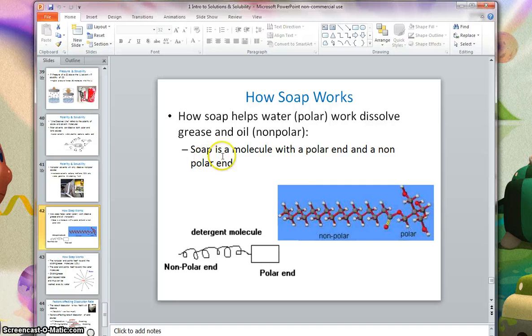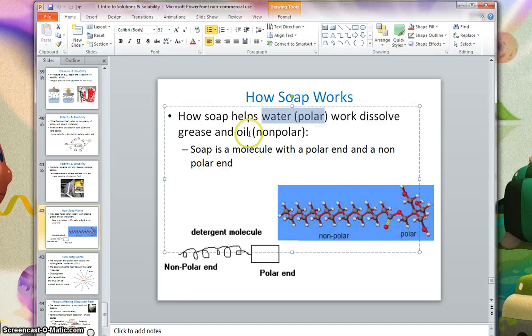And this is how soap works. Water is polar, and all your grease and your oils are nonpolar. And soap is sort of cool looking because it's kind of like a lipid bilayer without the actual bilayer. It's like a single layer. If you remember, phospholipid bilayers have the hydrophilic head and the hydrophobic tail.